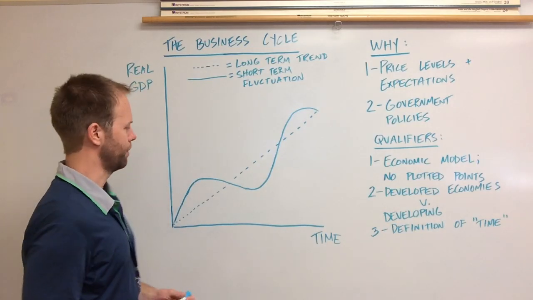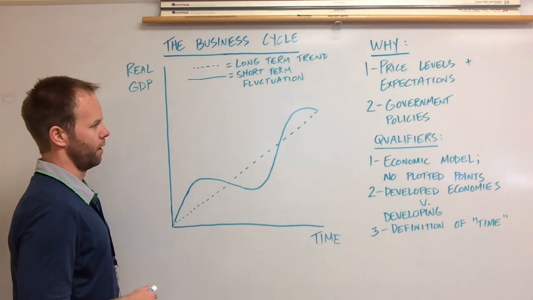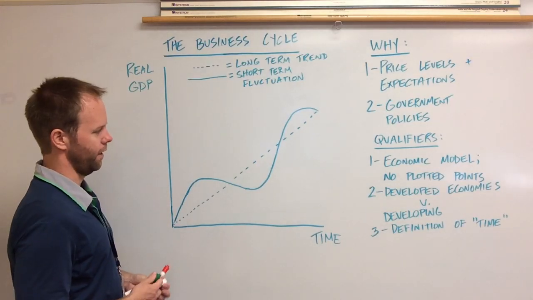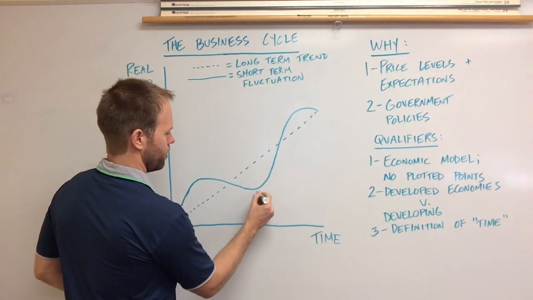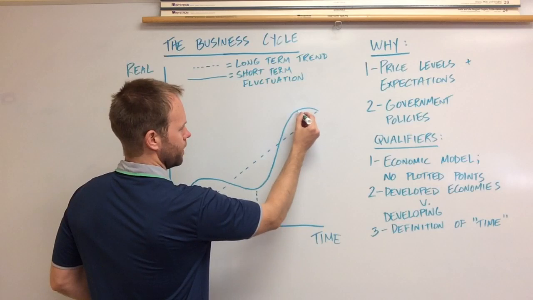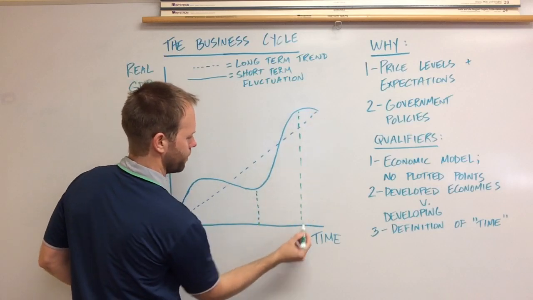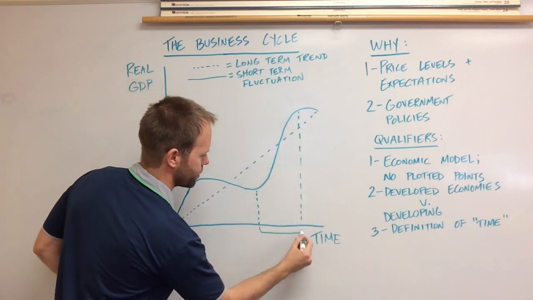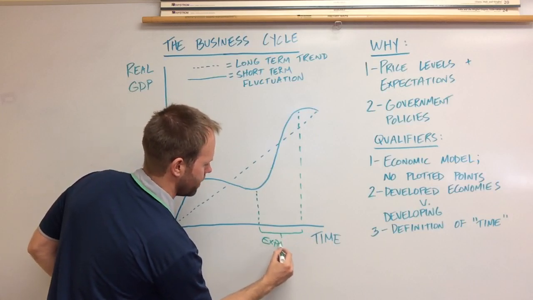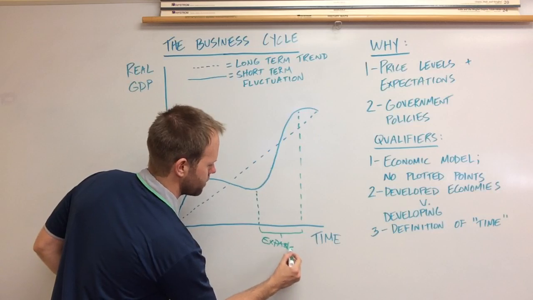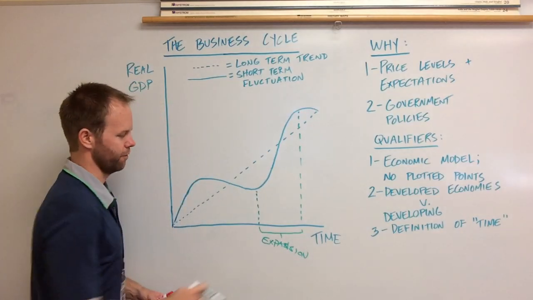Okay? So let's talk about the stages that we have here. If we have any stage where the curve is upward sloping, like this stage here, this whole stretch of time, however many years that is, we're going to say that is the expansion phase. I can't spell. Expansion phase.